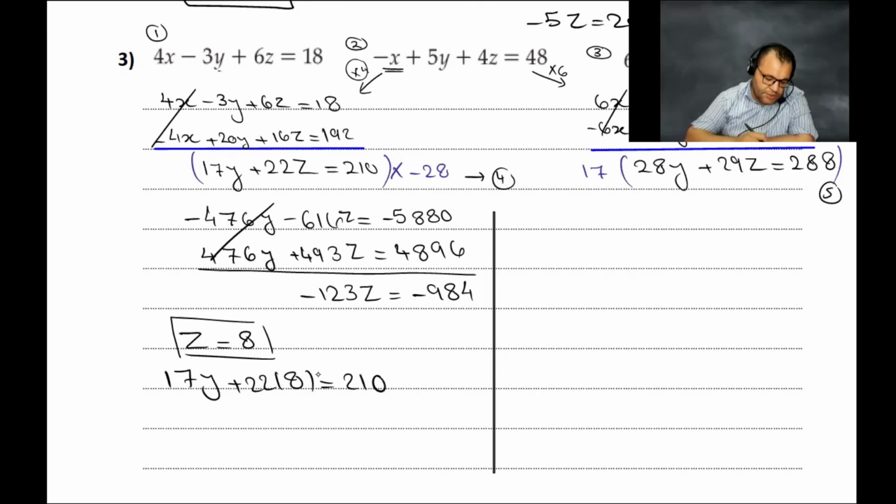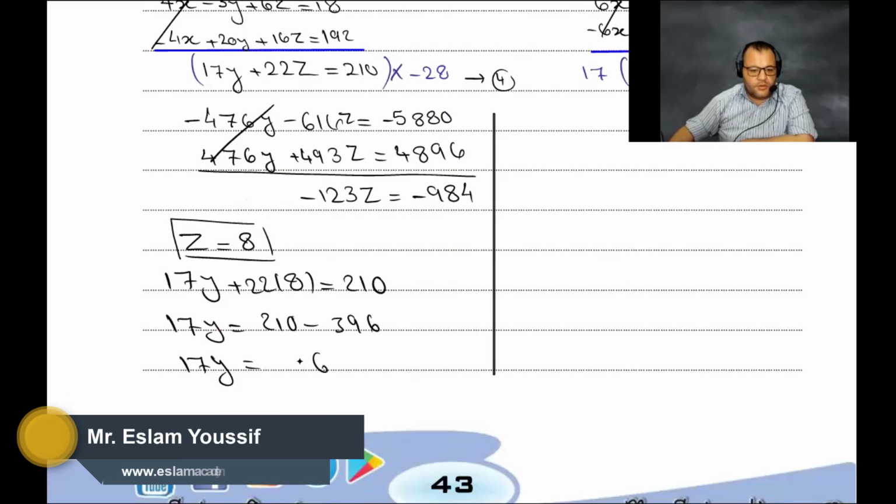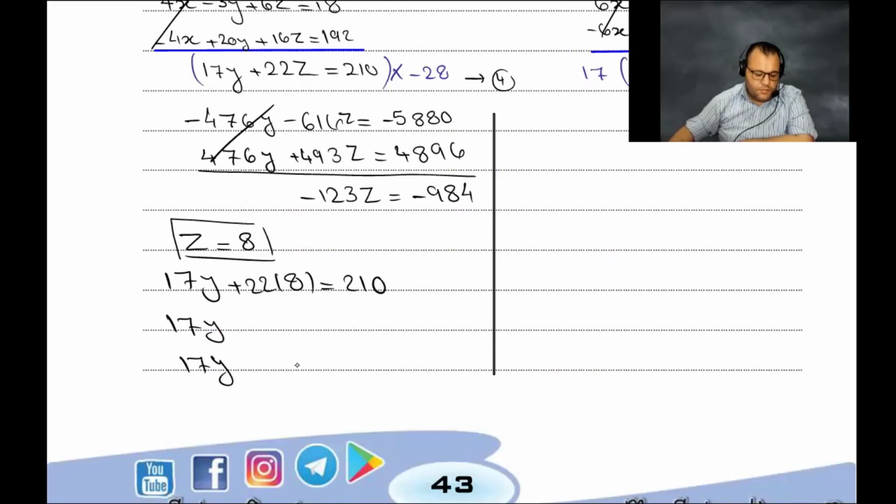So 22 times 8 is 176, not 18, sorry. So 17y plus 176 equals 210, by subtracting 176, it will be 34. Okay, 34. Then we can say that y equals 2.